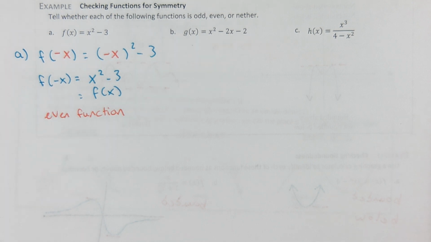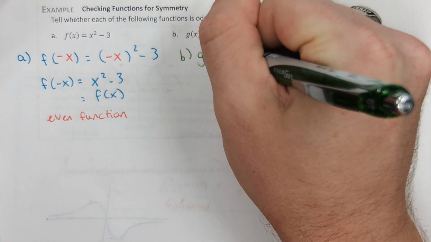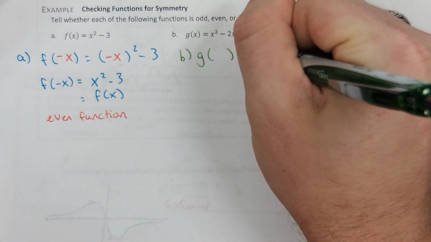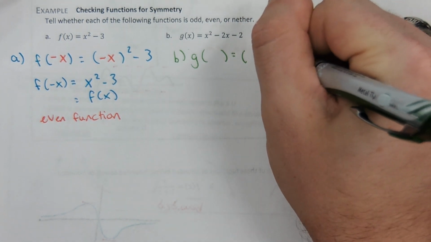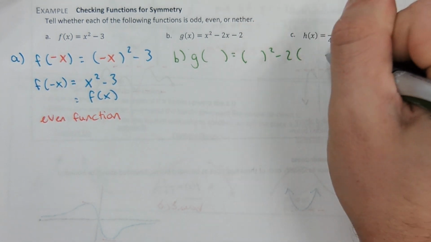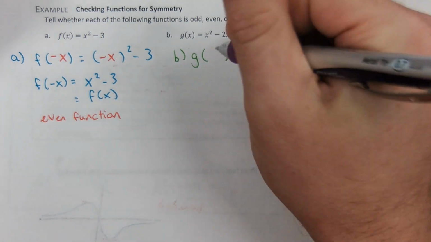For part B, same trick. We're going to throw in a negative x wherever we had an x. So where I had an x, I open a set of parentheses. And I'll replace my x with negative x on both sides.